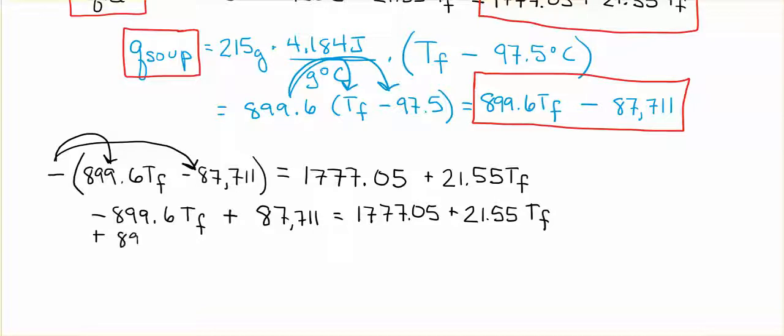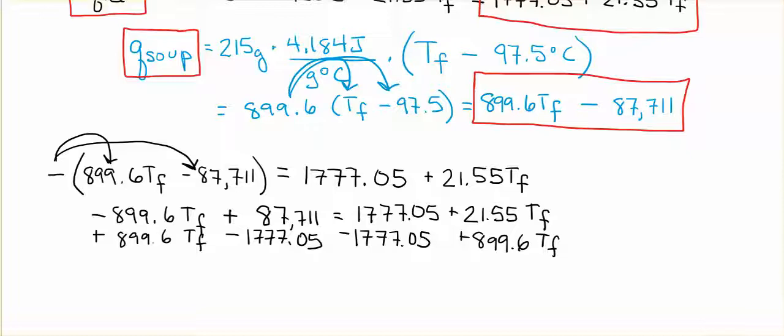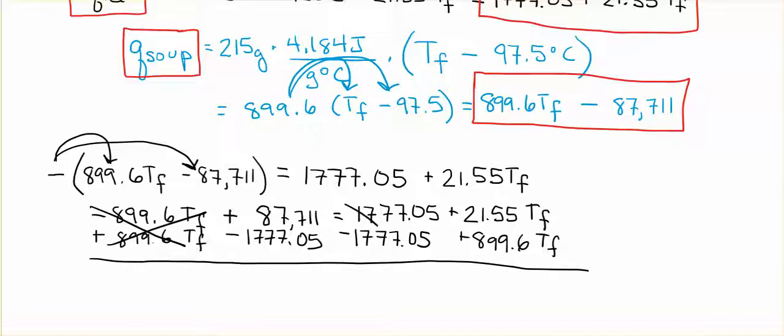Add 899.6 TF to both sides. Subtract 1777.05 from both sides. 87,711 minus 1777.05 gives us 85,934. That then equals 21.55 plus 899.6.